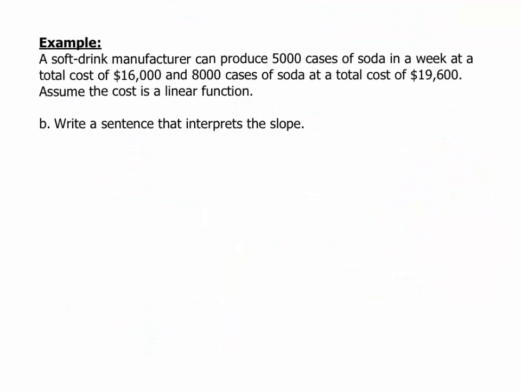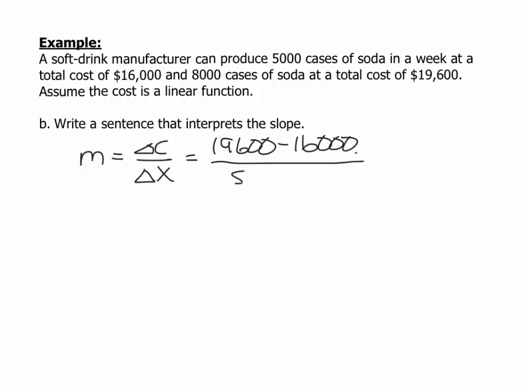Next, we're going to write a sentence that interprets the slope. Now, in order to do this, I just want to remind you that to find the slope, we took our change in our C over our change in our X. So we had 19,600 minus 16,000 over 8,000 minus 5,000. And we got 1.20.